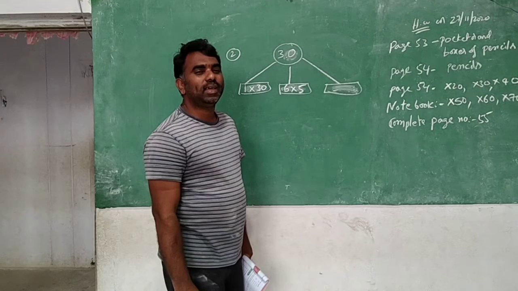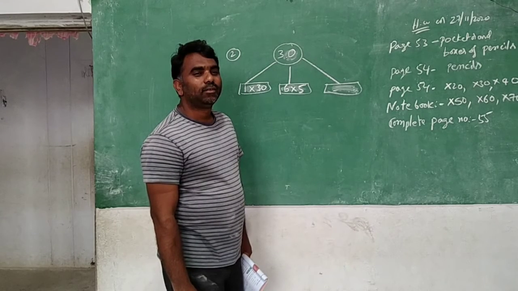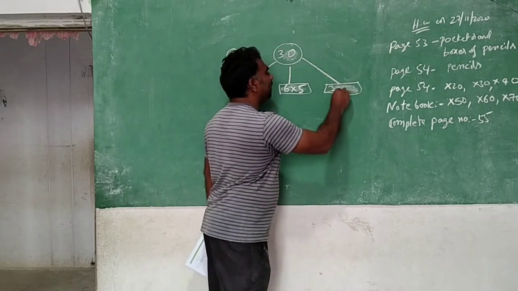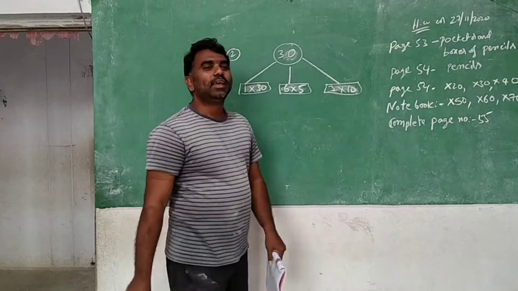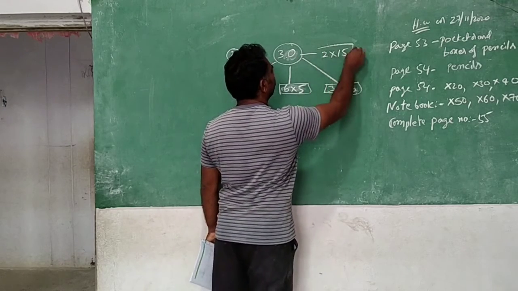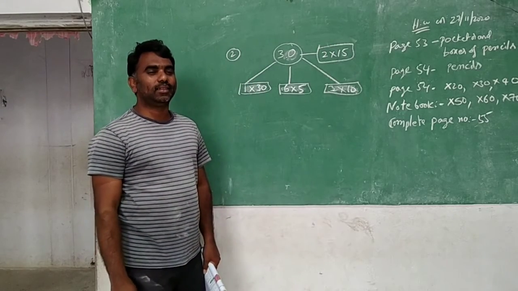One more is there. Very good. 3 10s are 30. And you know one more is there. 2 15s are also 30.